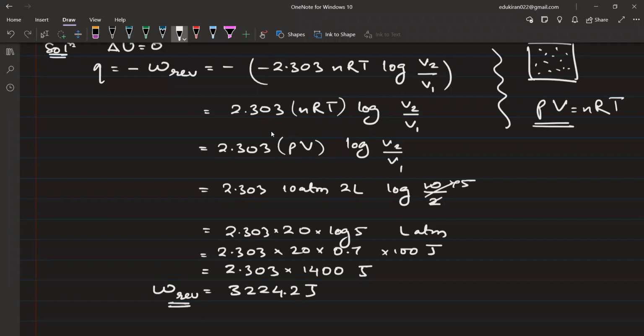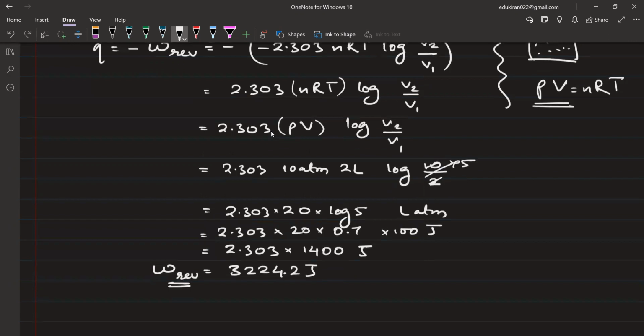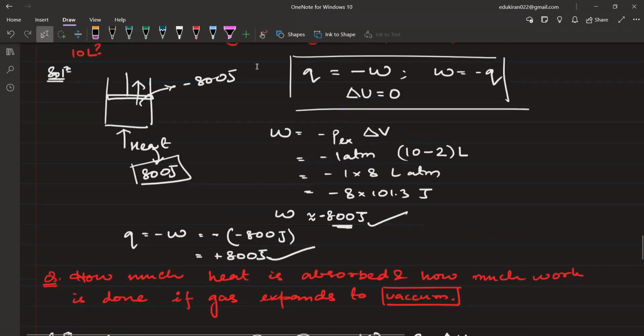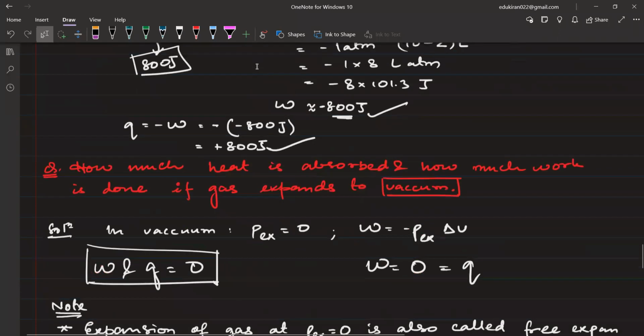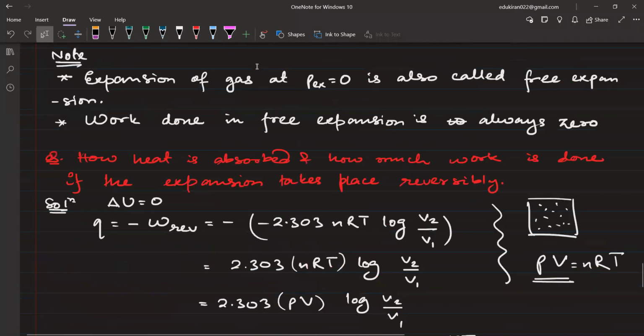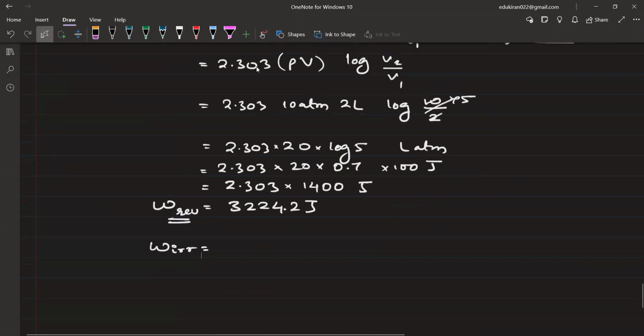Okay, and what was the irreversible work? What was the irreversible work we got? Irreversible work was how much? नहीं, वर्क नहीं है आपके पास. This is minus of work.